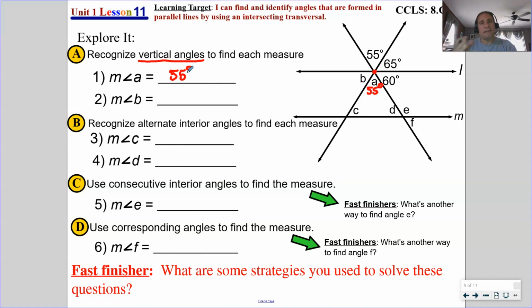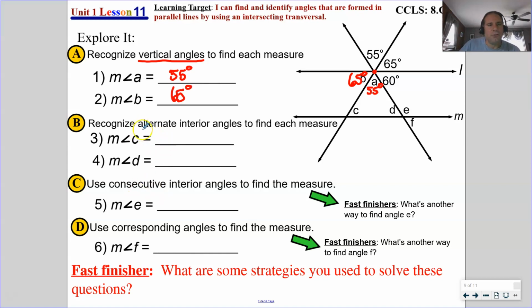Go ahead and see if you can put in B right now, because angle B is next. At the vertex, what angles meet across from each other? B is, yes, 65. I'm going to give you a little bit of time. Just don't copy down the answer. Do the work and see if you can recognize it.